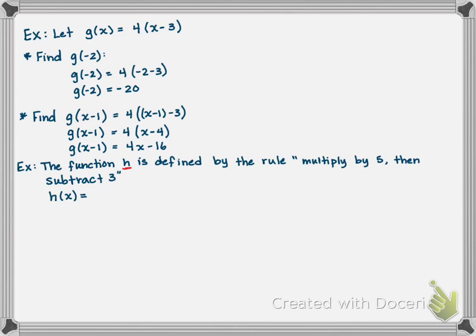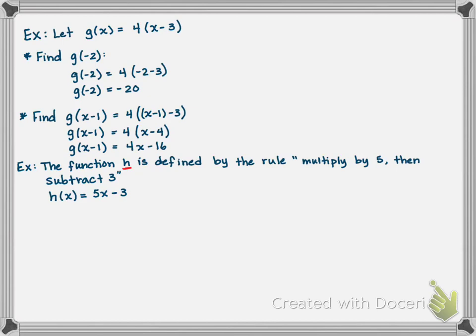So I'm going to apply the rule, multiply by 5, then subtract 3 to x. So I'll start with x, multiply it by 5, and then subtract 3. And you could have written x times 5, the order of that doesn't matter. 5x is just what we're used to seeing when we're multiplying 5 by x. And so that's my function.